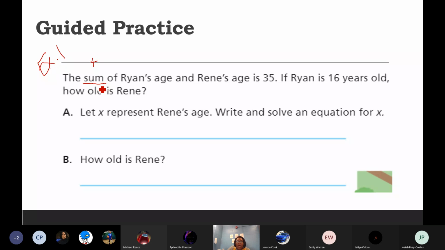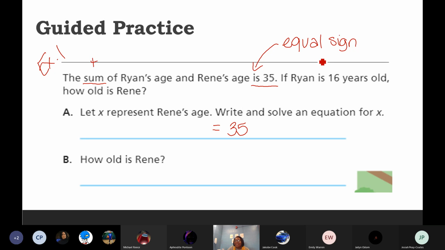So the sum of Ryan's age and Renee's age is 35. I'm going to highlight this too, guys. Is 35. You see how I did that? They told me where my equal sign was going to be. Whenever I see that word is, that usually means that's going to be where my equal sign goes. Something we'll want to remember.